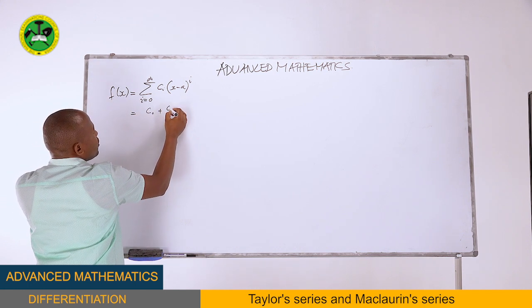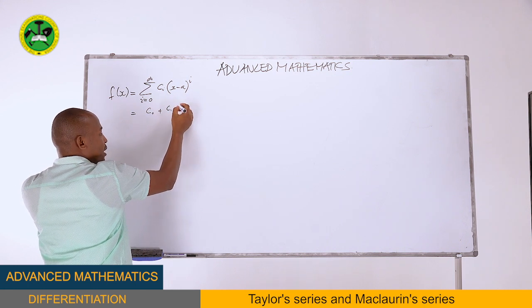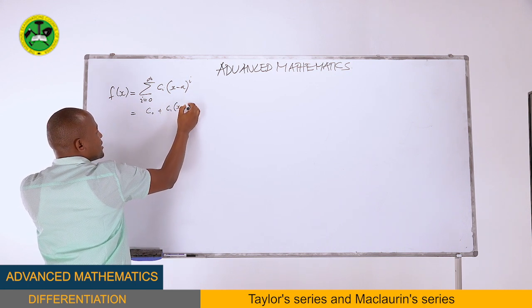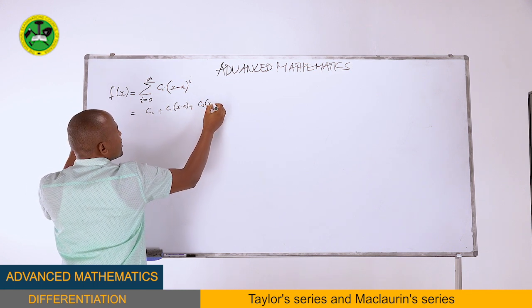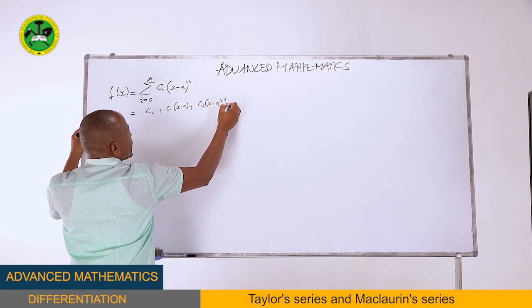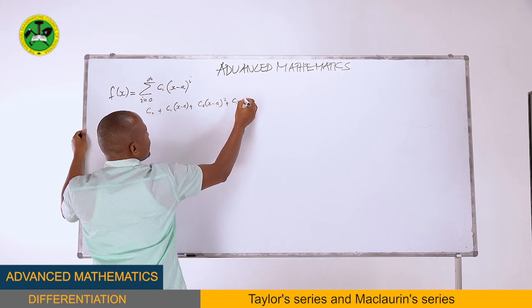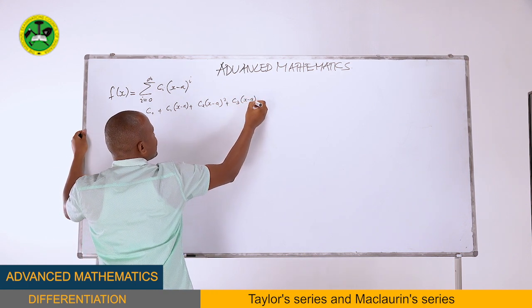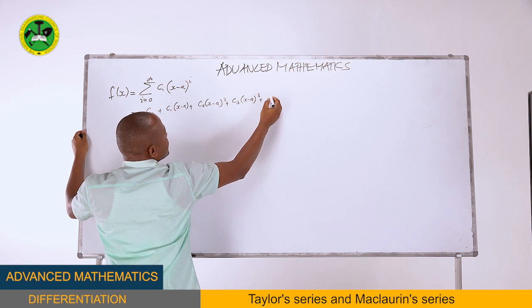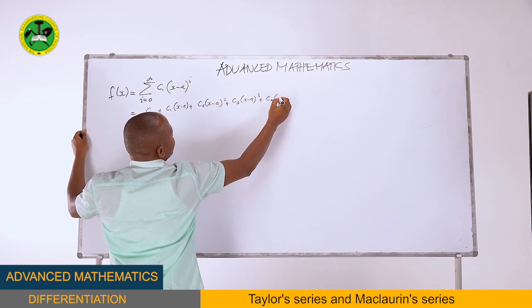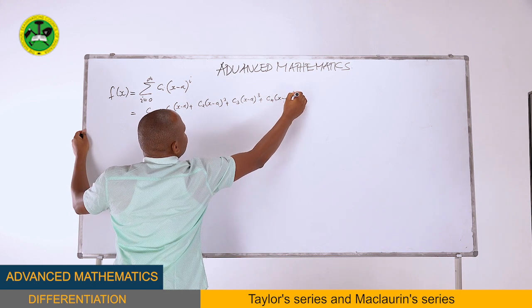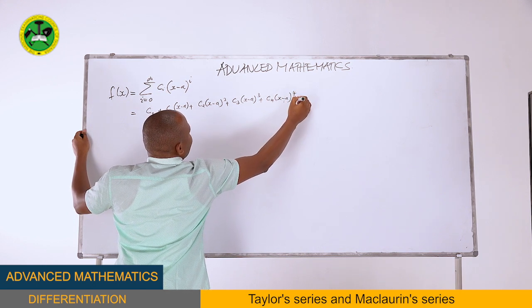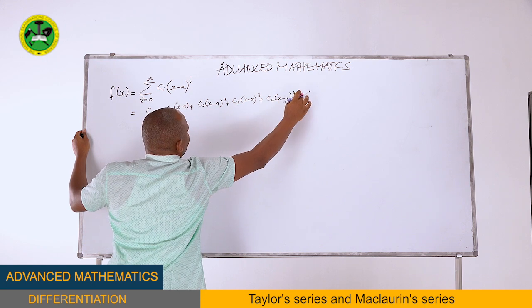Then we have c1 multiplied by x minus a, plus c2 times x minus a raised to 2, plus c3 times x minus a raised to 3, plus c4 times x minus a raised to 4, down to infinity.